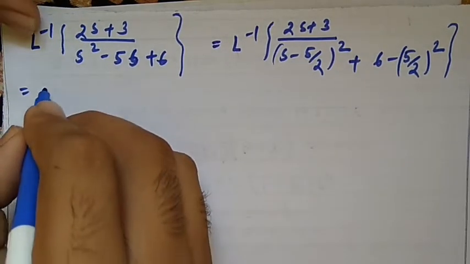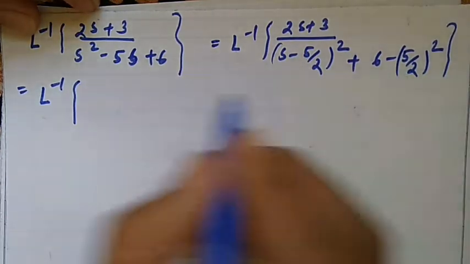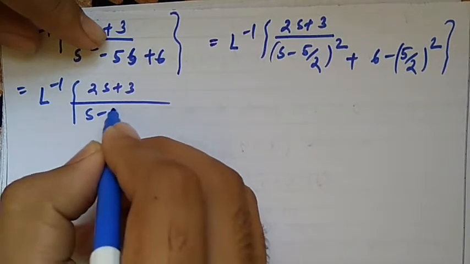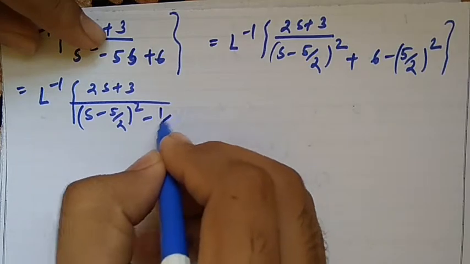Next, L inverse of (2s plus 3) by (s minus 5 by 2) whole square minus 1 by 4.